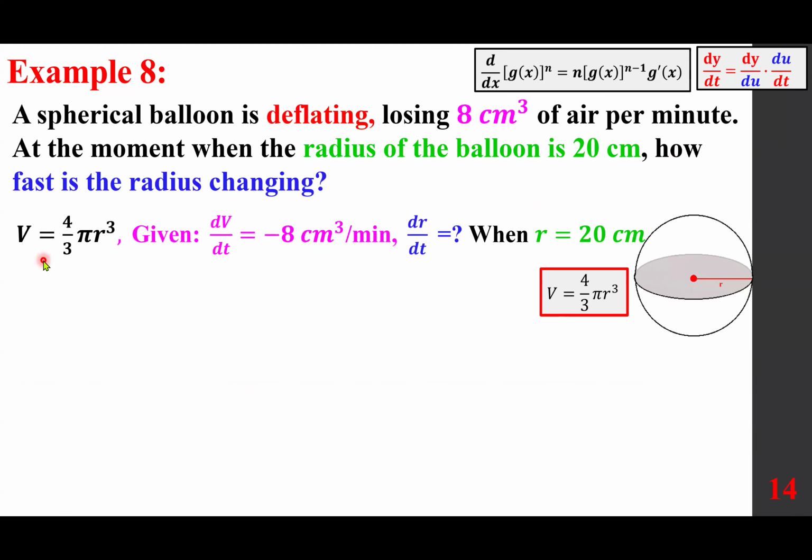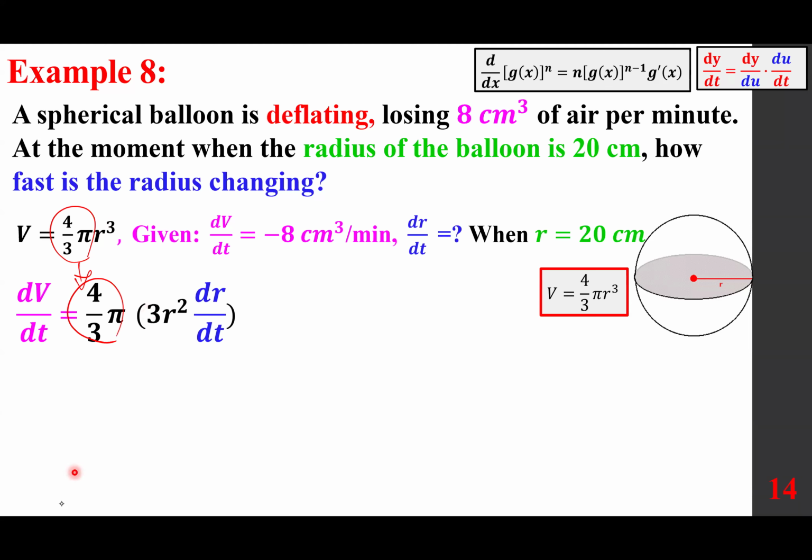So we're going to differentiate this, and we have done it already. So I'm going to go over that one more time. dV/dt is 4/3 pi times now r cubed. So again, 4/3 pi is the coefficient, the multiplier. It's just a number. So r cubed, 3r squared dr/dt.